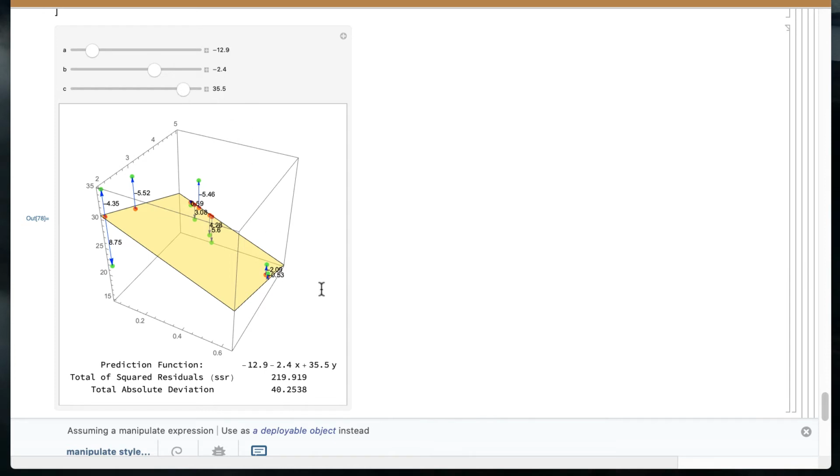So anyway, it might be something like that, and I'll let you play around to see how choosing different values of A, B, and C form a different plane, where you're going basically from the green true value to the red predicted value, and you're forming the squares of each of those residuals and adding them up.